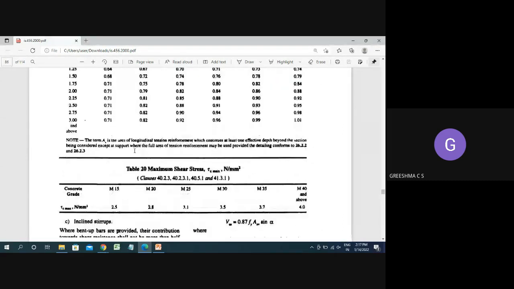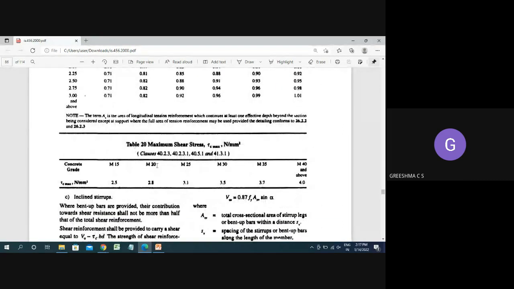Tau v is equal to Vu divided by b into d. So check it. As per the IS code, for M20 grade, the maximum shear stress that can occur is 2.8 Newton per mm square.